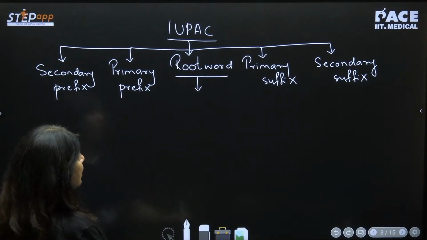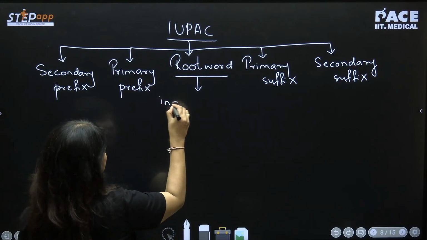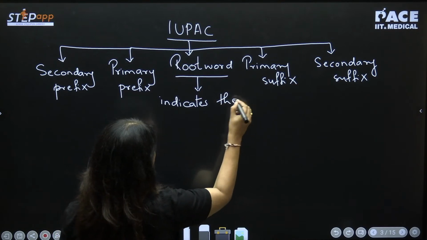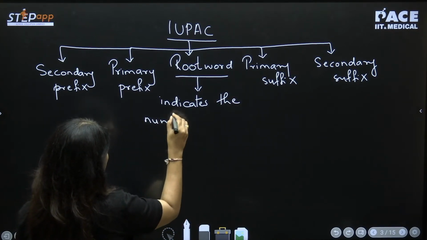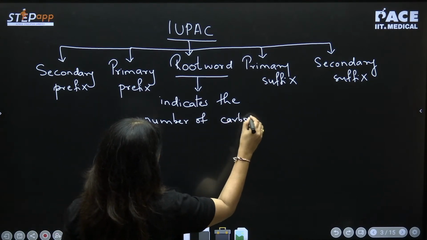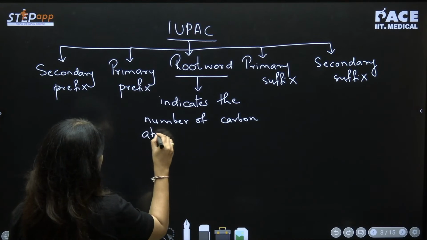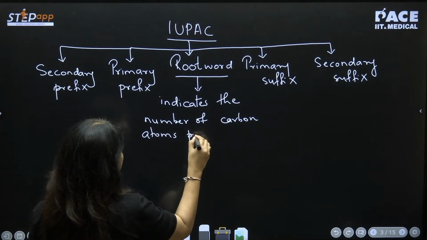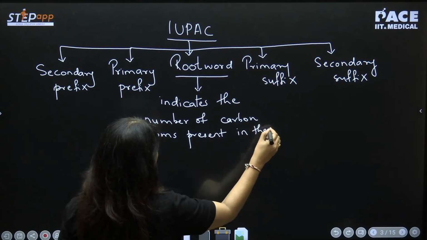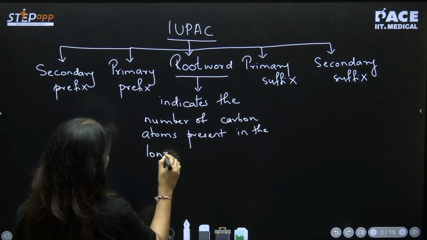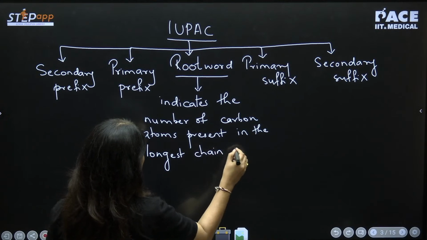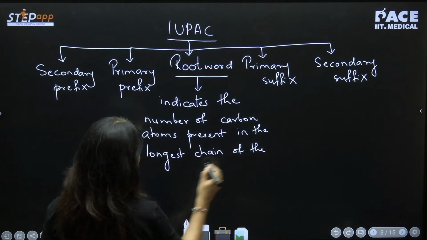The root word indicates the number of carbon atoms present in the longest chain of the compound.